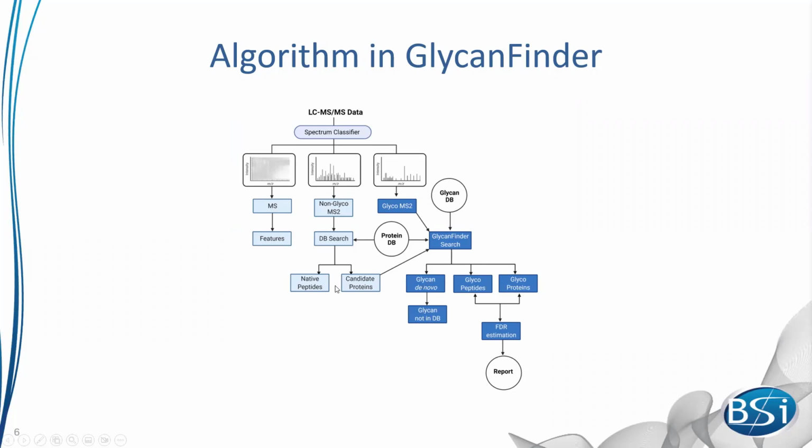As well, we can then re-search those peptides if they have a motif or potentially a signal that looks like a glycan, but might not be as strong as what was originally found in the spectrum classifier, and maybe save some glycopeptide identifications that way. So once we have our search space for Glycan Finder, we can then identify glycopeptides and glycoproteins and do FDR estimation on those as well.